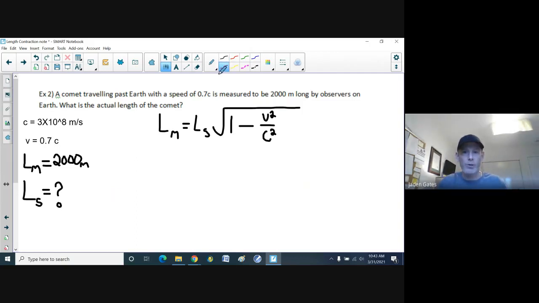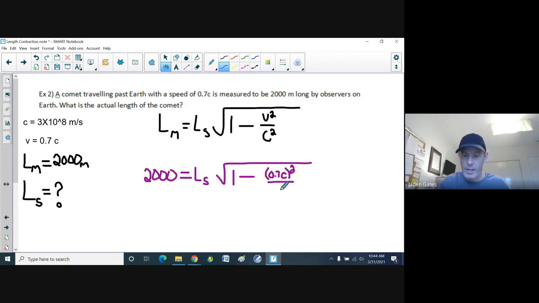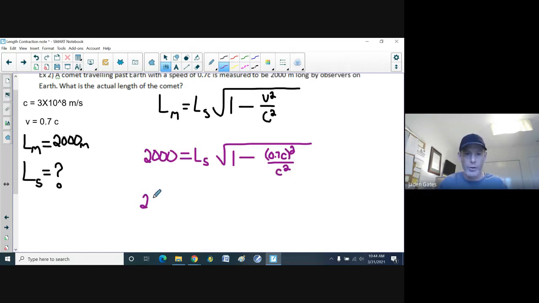All right, so I'm going to substitute in my values here. My Lm is 2,000 meters long. Ls equals, and let's see here, 1 minus V squared, which is 0.7 c squared, divided by c squared. Simplifying, I got 2,000 equals Ls times the square root of 1 minus.